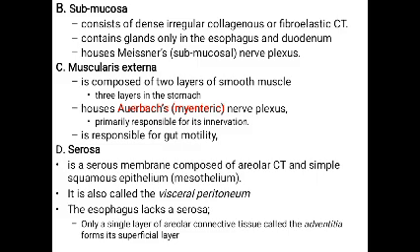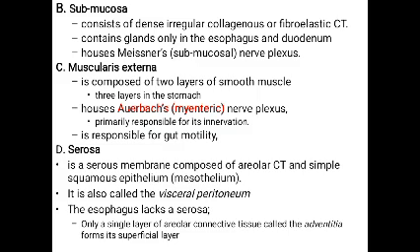C. Muscularis externa is composed of 2 layers of smooth muscle, 3 layers in the stomach. Houses the myenteric or mesenteric nerve plexus, primarily responsible for its innervation. Is responsible for gut motility.